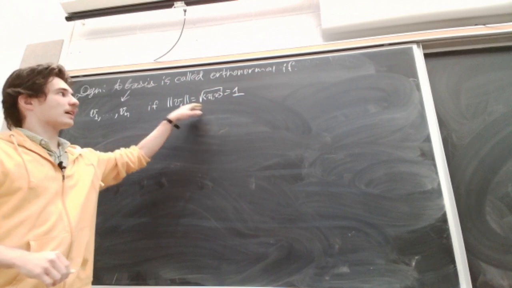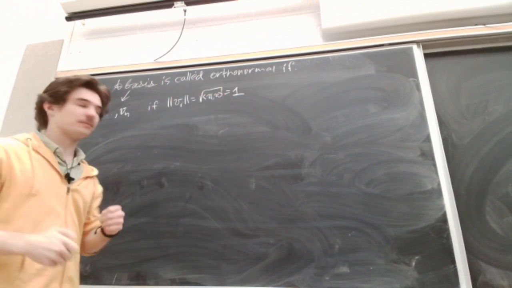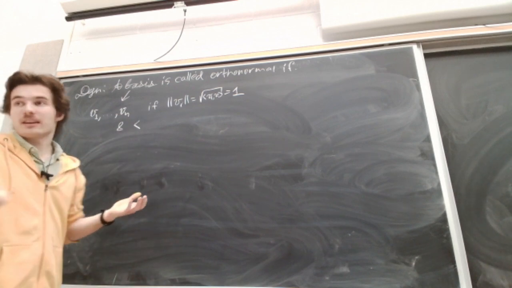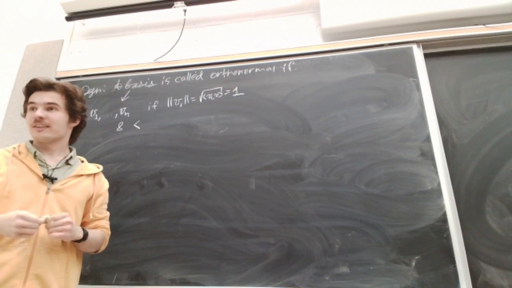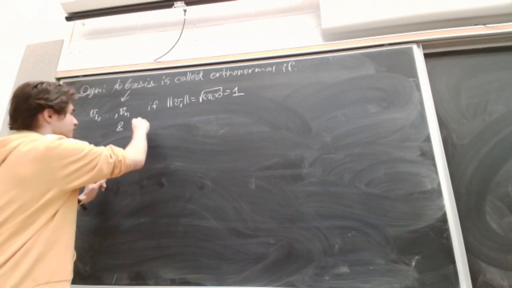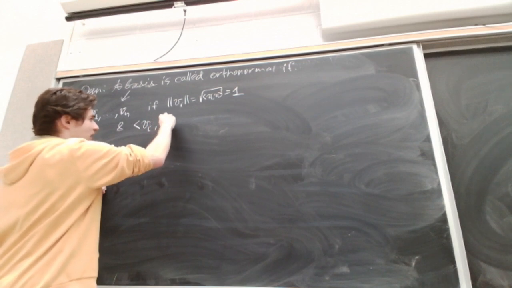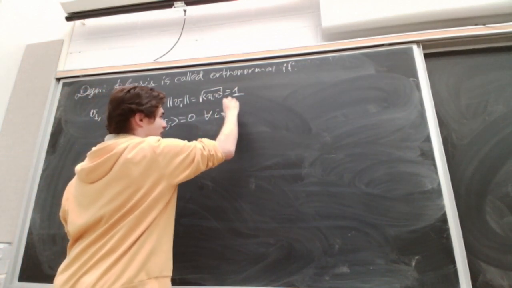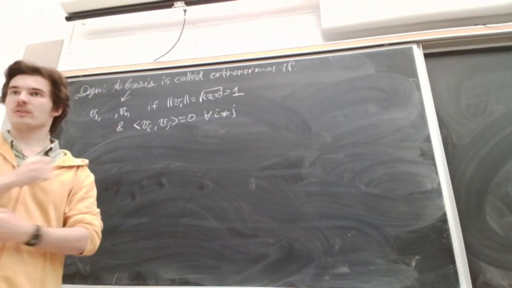So this is the normal condition, that all the vectors are normalized to have length 1. And the next thing is that they're all orthogonal to each other. So the inner product of vi and vj is equal to 0 for all i not equal to j. Do you agree? So this is what an orthonormal basis is.